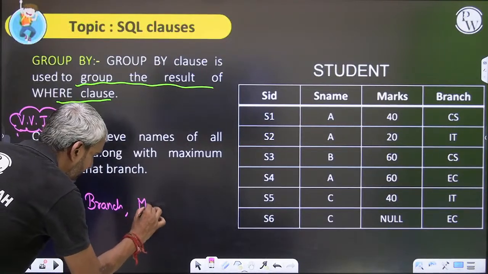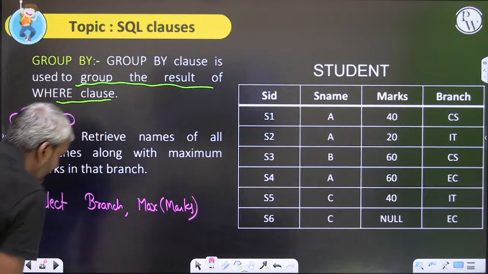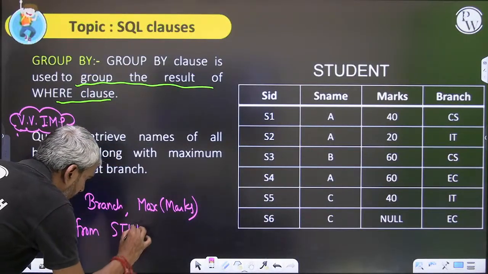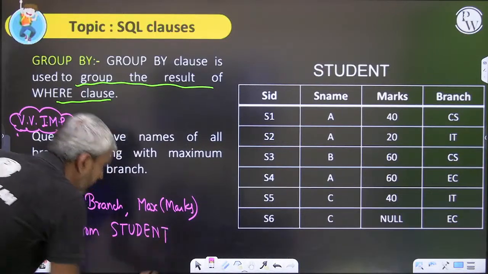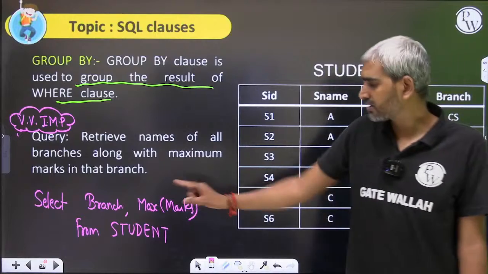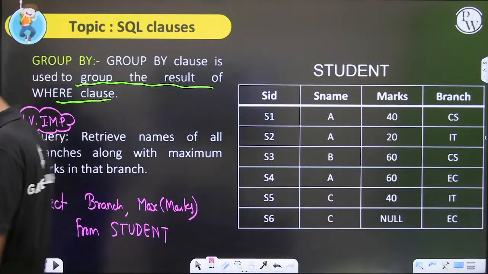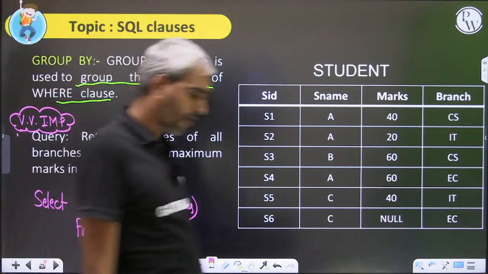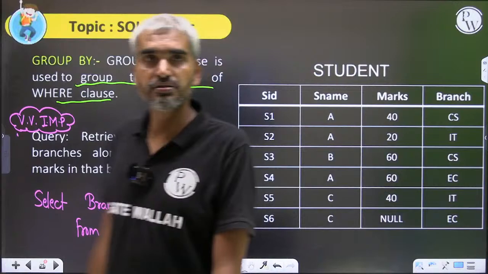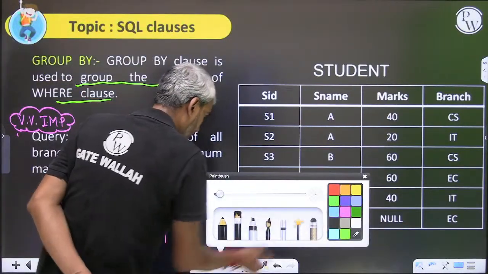So max of marks from the student. Will it work? That's my question. Will it work? Select branch. This is the specific thing. So will it work? No, sir.